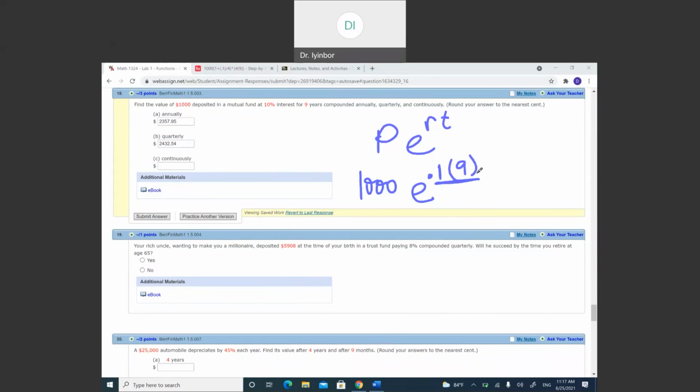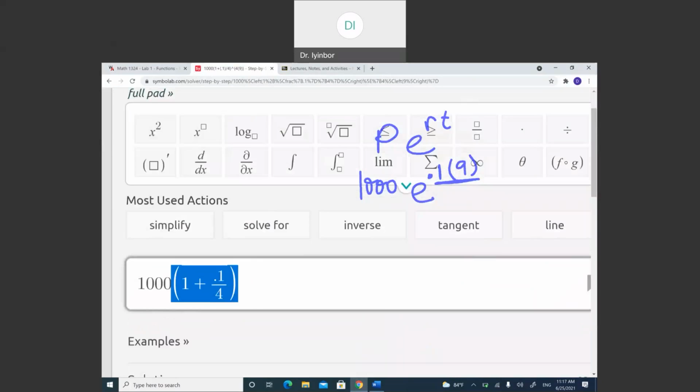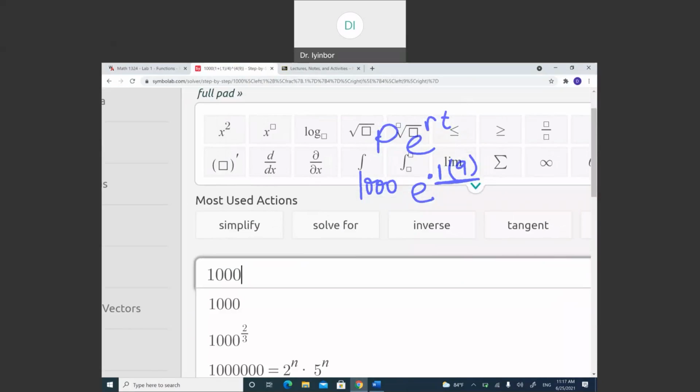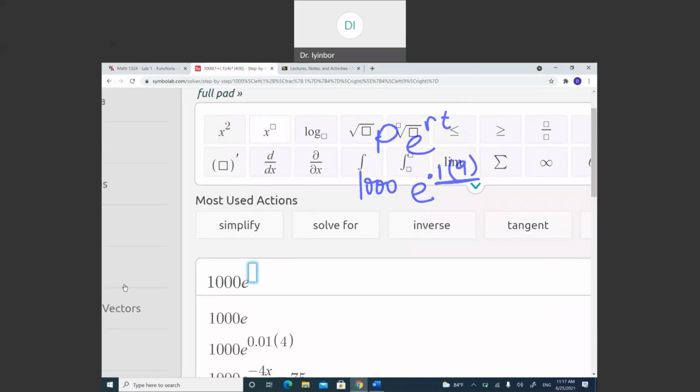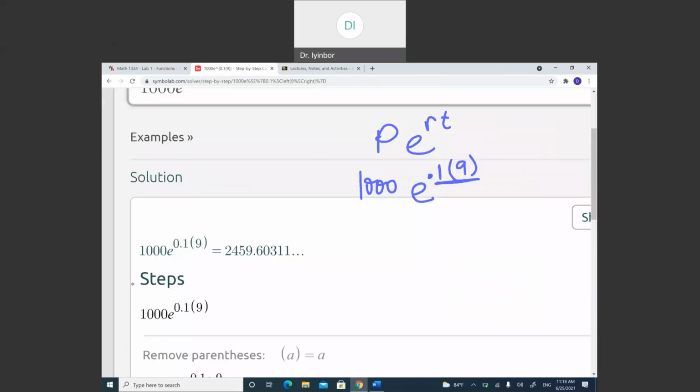So I'm going to go to my calculator again, and I'm going to delete this. I have 1000, and then I have to press E, which is just the letter E on the keyboard. Then you press exponent, the 1x with the box, and then you put 0.1 times 9. Then we're going to round again. We're looking at the third digit, which is smaller than 5, so we're just going to cut this.